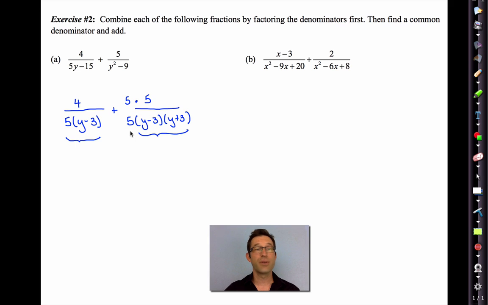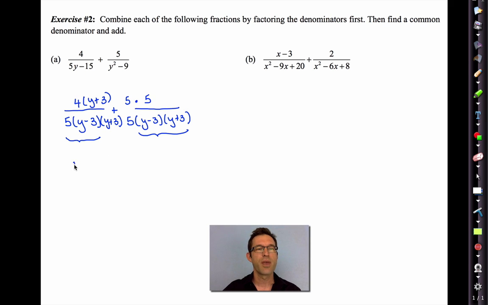Now, they look pretty similar, but this one needs a y plus 3. So I'm going to multiply the denominator by y plus 3, and I'm going to multiply the numerator by y plus 3. Now, here's something that's going to seem really weird. Don't multiply out the denominators. Don't do it. I'm giving you permission. I'm begging you not to multiply out the denominators, but you do want to multiply out the numerators.